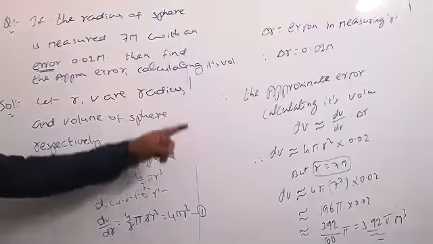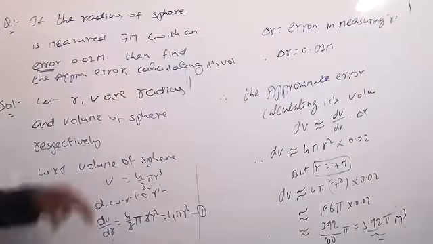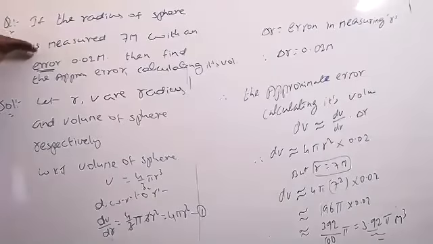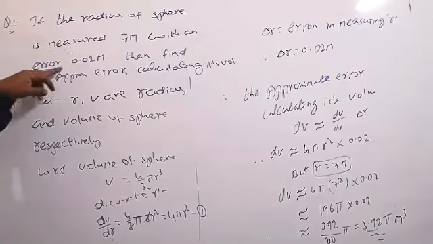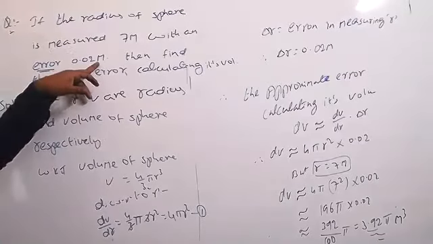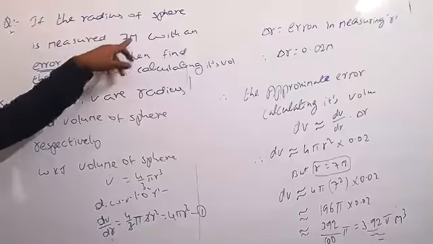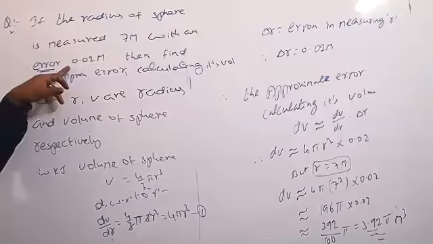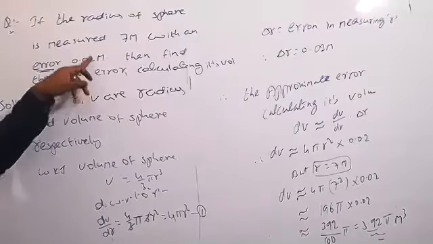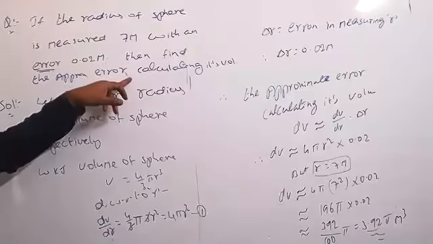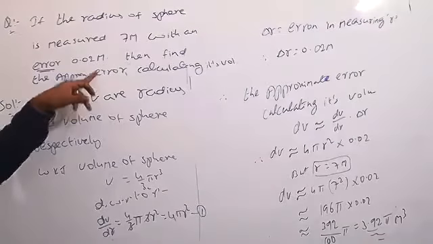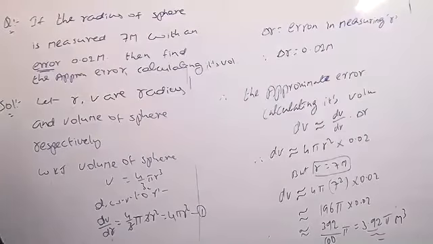Is this question clear now? Listen one more time. The radius of the sphere is measured as 7 meters with an error of 0.02. So the radius equals 7 meters, and the error given is the value of delta r, which equals 0.02. We have to find the approximate error in calculating its volume.